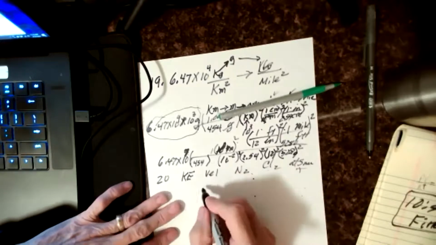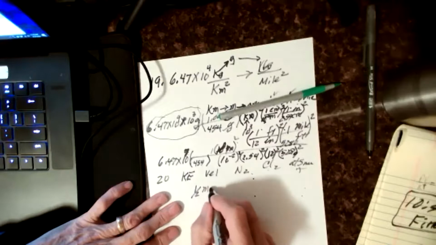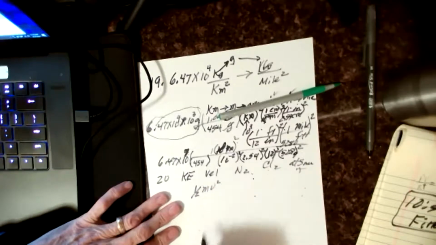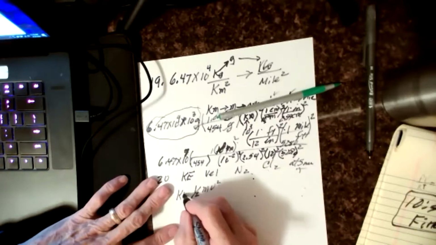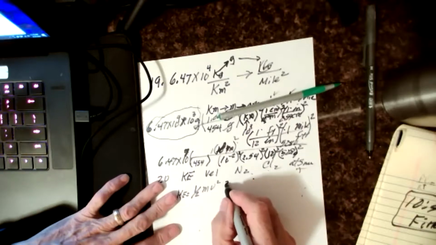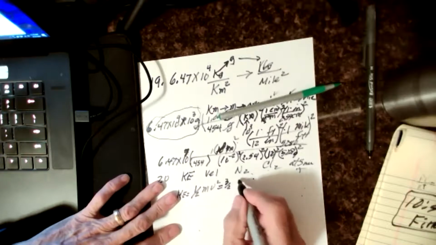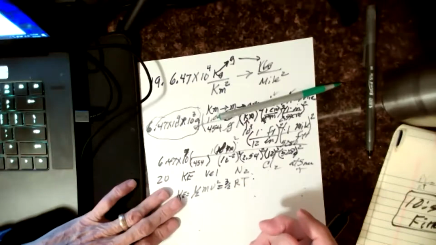Let's talk about this. The kinetic energy is 1/2 mv squared. Now, that's kinetic energy for anything. And we showed that that was equal to 3/2 R times T. Independent of substance, independent of phase.